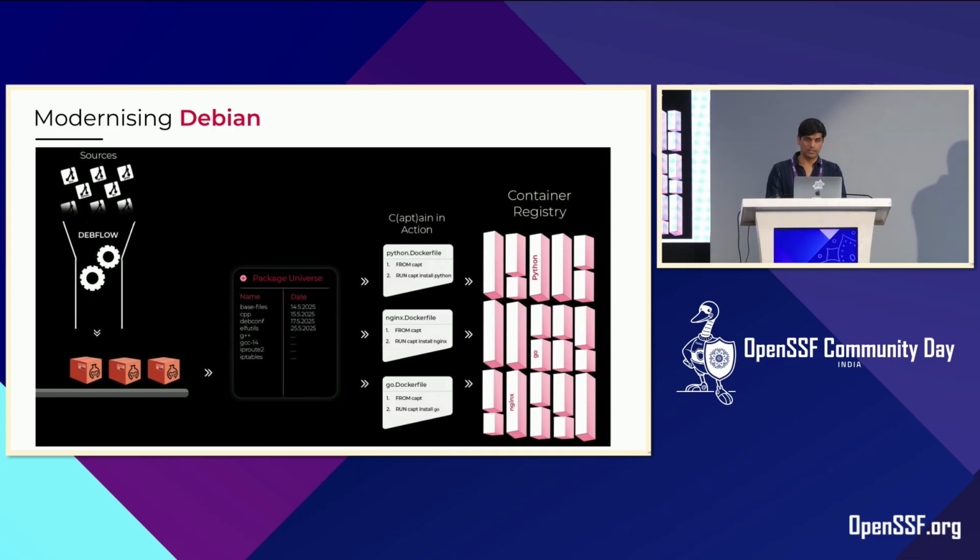And the other is nightly build of your packages from source so that you always have a CVE-free version of your packages available. So these are the two things that are required to be able to create minimal, up-to-date and secure containers. And that's an exercise that needs to be done with Debian.